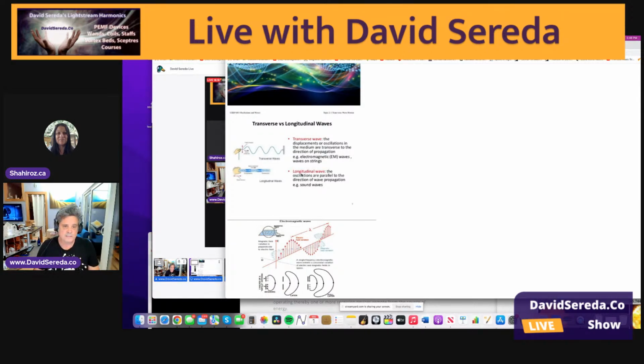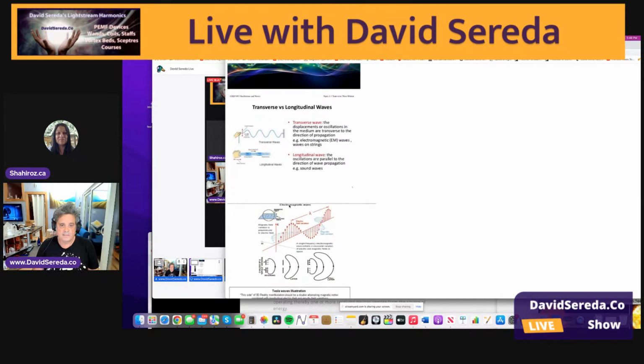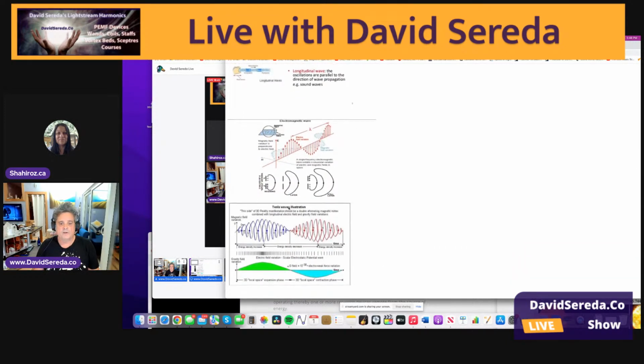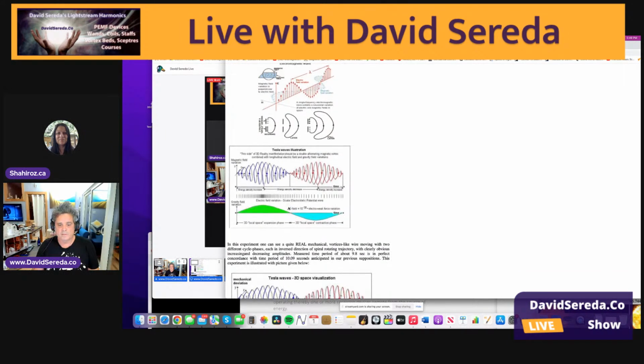Now, when Tesla did this, he got in a lot of trouble in the physics community, because Heinrich Hertz, who was the discoverer of the mathematics of the function of electromagnetic transverse waves, didn't want to believe he was wrong. Therefore, longitudinal Tesla waves, scalar waves, became something of a debate, because there are different ways to produce them.